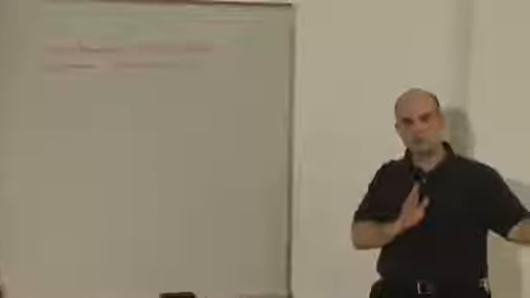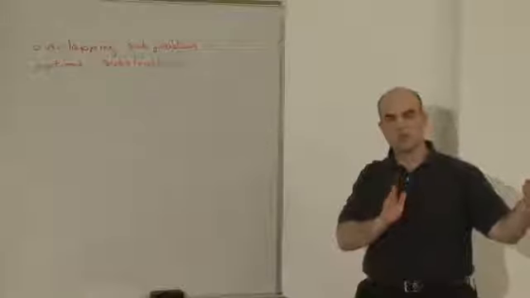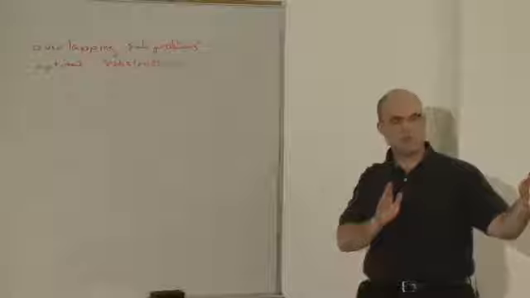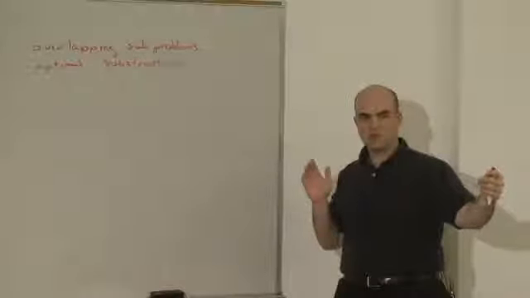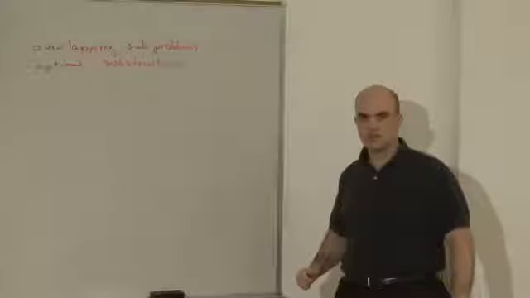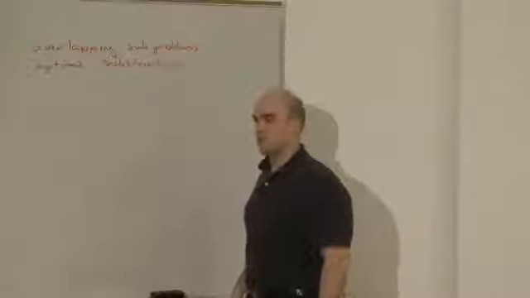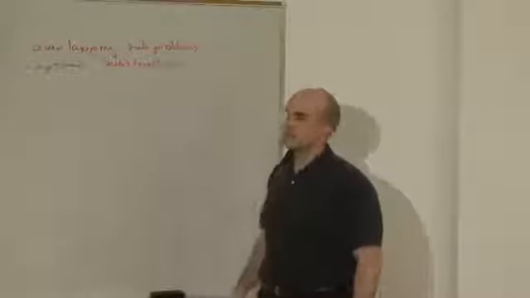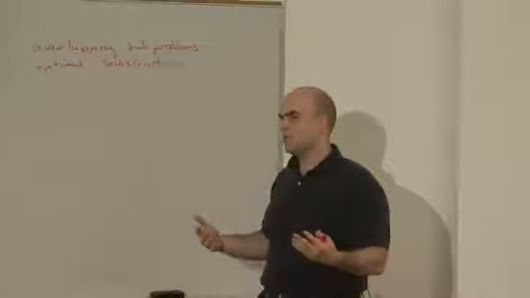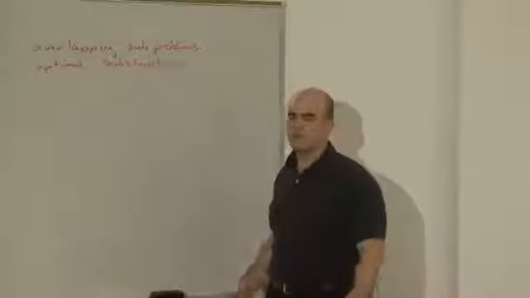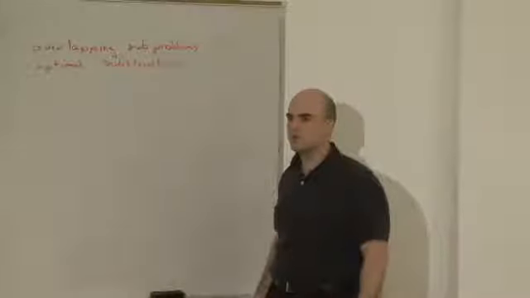It's saying that if we get an optimal solution for one of those subproblems, then we can use that optimal solution for the optimal solution of the big problem. Does that make sense to everyone? It's closely related, but not exactly the same.